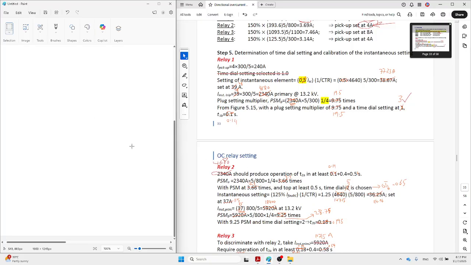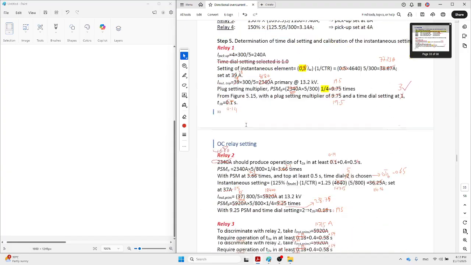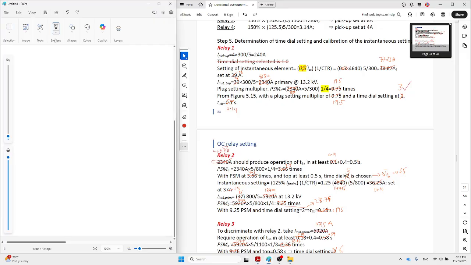If you check this table, you can see the fault current must be 14,715, and then based on the given instruction, we must increase it by 25%. So 1.25 times the fault current. I change this one. The CT is still the same.